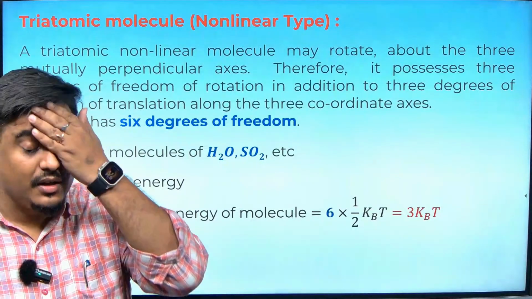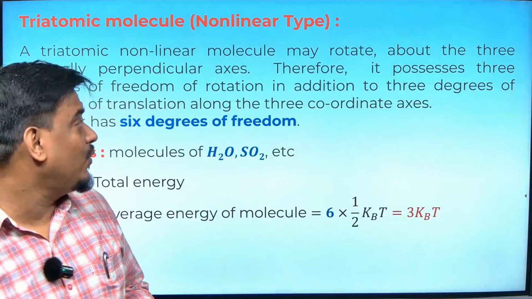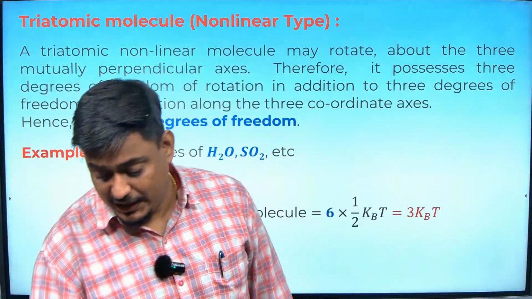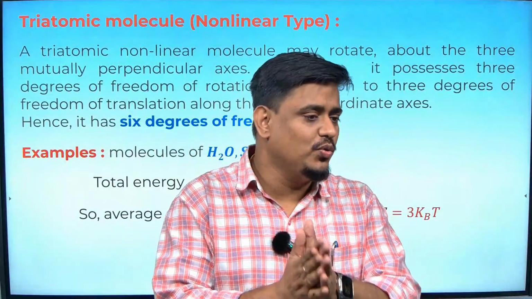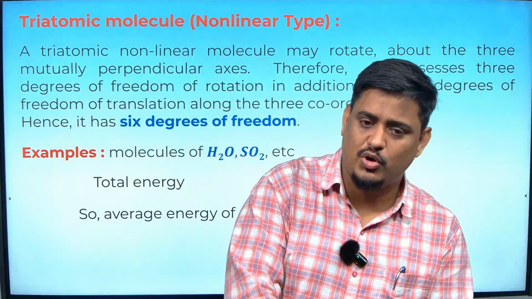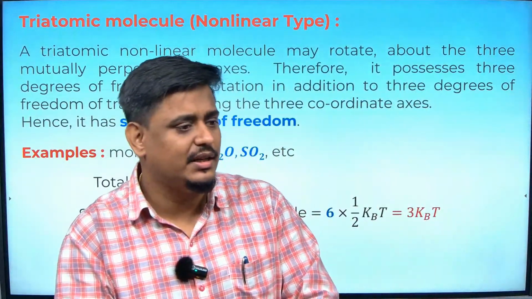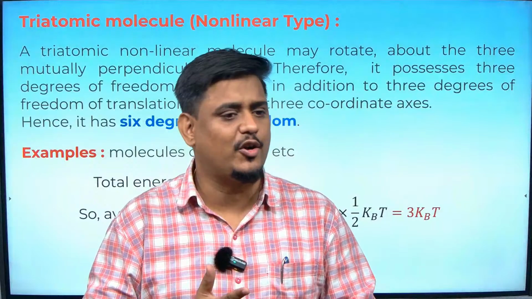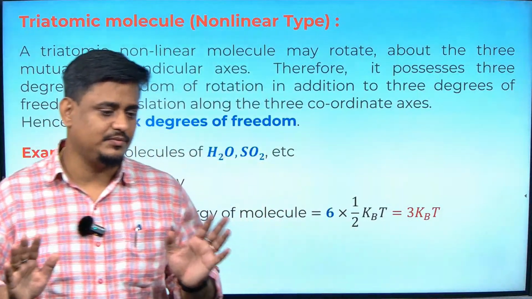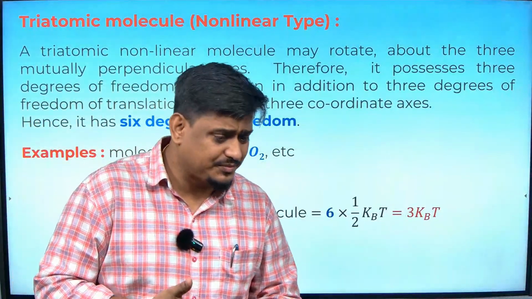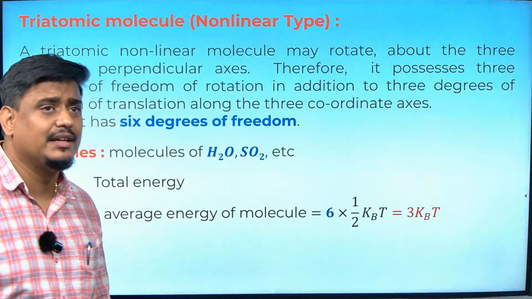So this is how we have to find the degree of freedom and relate degree of freedom with internal energy U. So U is different for different degrees of freedom. Monatomic, 3 by 2 kT, diatomic 5 by 2 kT, triatomic linear 7 by 2 kT, and triatomic non-linear 3 kT. Right? Is it clear to everybody?